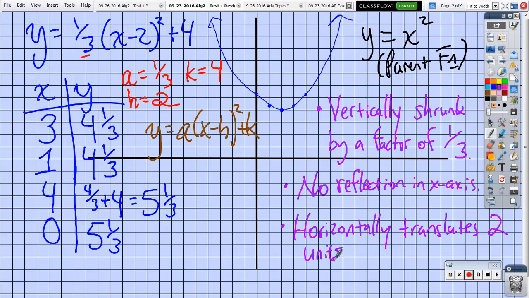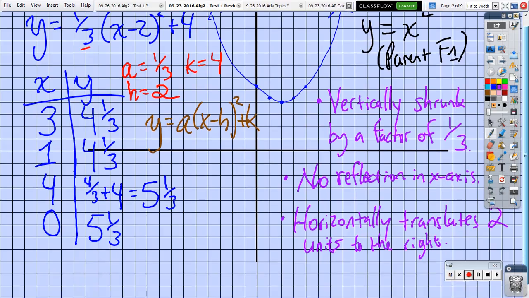I wanted to see if anyone else would agree or disagree. 2 units to the right. Thank you, Diamond. And then it vertically translates. Those are easy. Vertically translates 4 units up. Thank you.